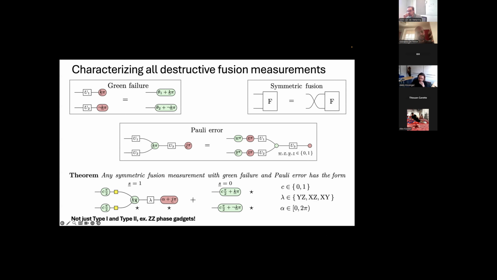Here you're adding a new node, applying some Clifford maps on the qubits, and then adding a new node connected with Hadamards and measuring that node in an arbitrary basis. So with this concept, you can extend. If you model a fusion as just adding a node in the graph and measuring it in a particular basis, then you can take all the things that are known about single qubit measurements and carry them to this fusion setting.